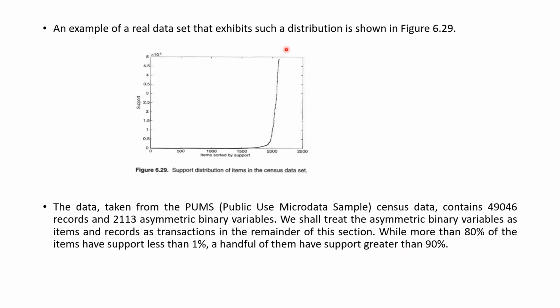Please observe this graph here. Up till nearly 2000 items, the support is less than 1%. But only certain items have high support. So this is a skewed support dataset.